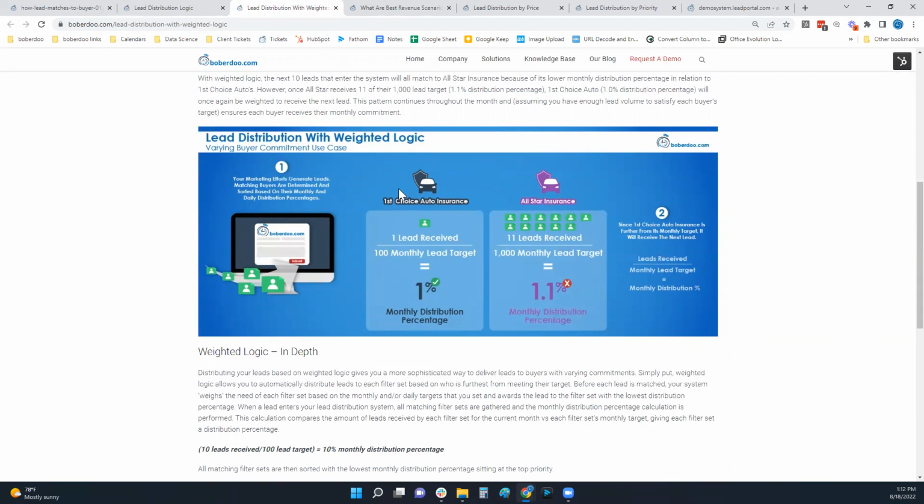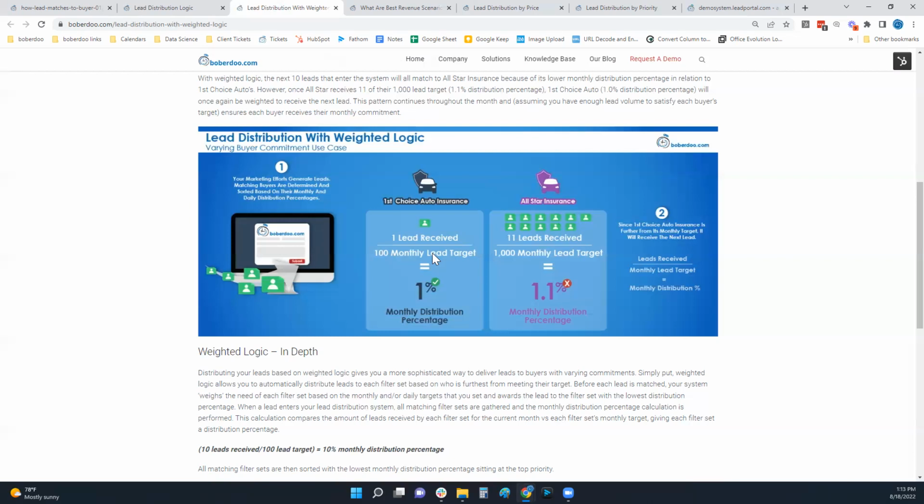So the common use case here is you have two clients of significantly different volume, commitments or demand. So one partner, let's say they want 1,000 leads a month, another partner only wants 100. In a priority-based distribution, if you set the 100 lead buyer at a priority of 6, they will get every lead till they hit their 100, and then the next 1,000 leads will go to your other partner.